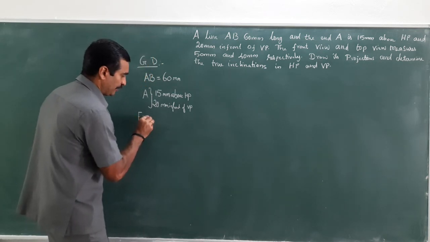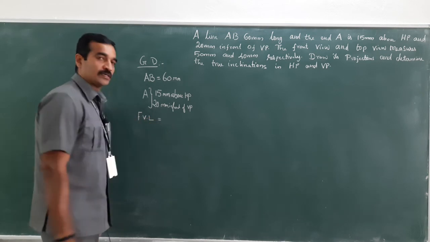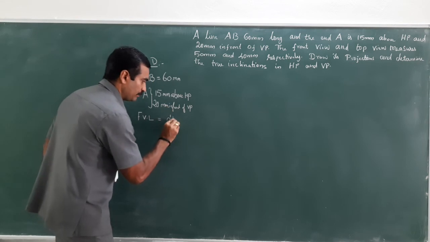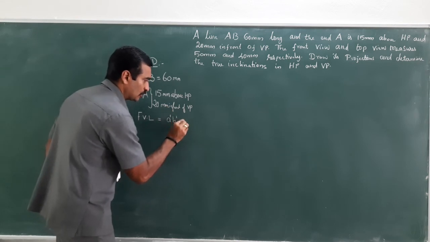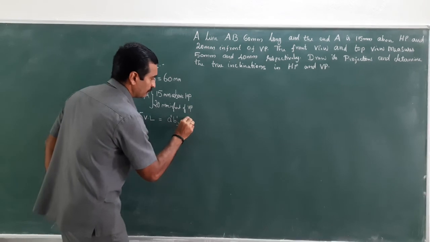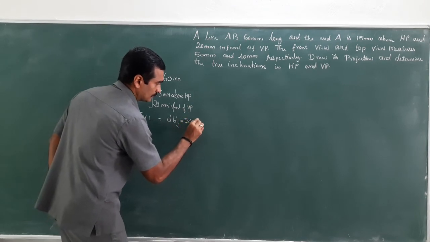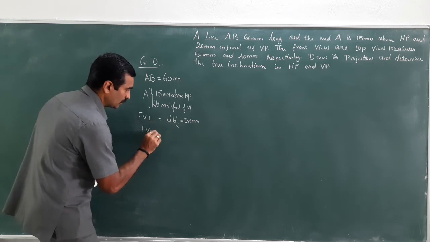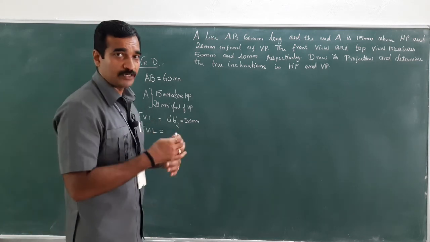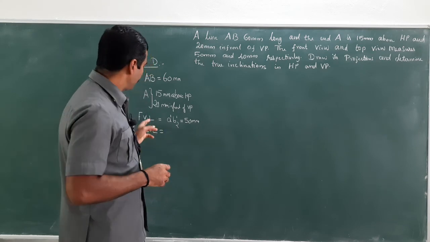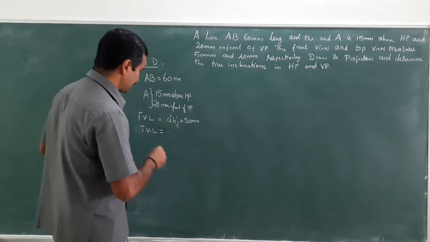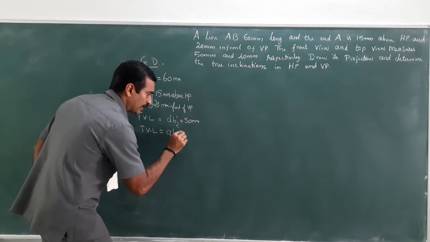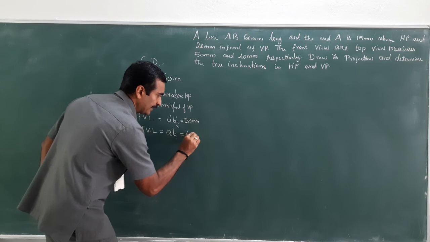Front view length, which is nothing but A dash B2 dash, is equal to 50 mm. And the top view length, on the locus of A, this would be AB1 equal to 40 mm.